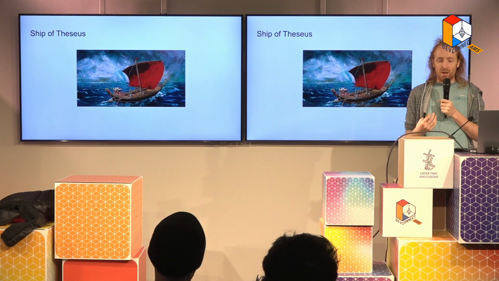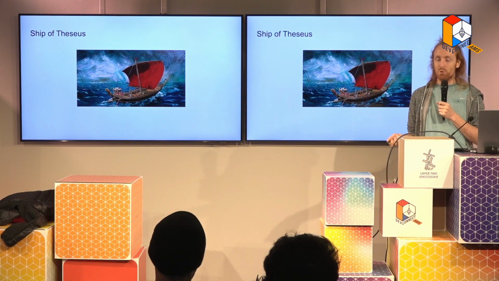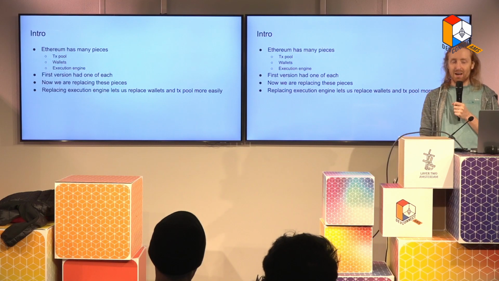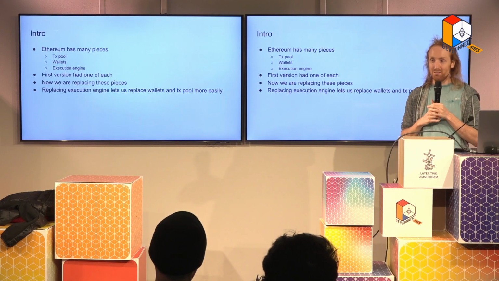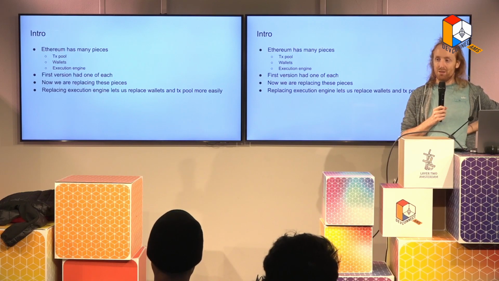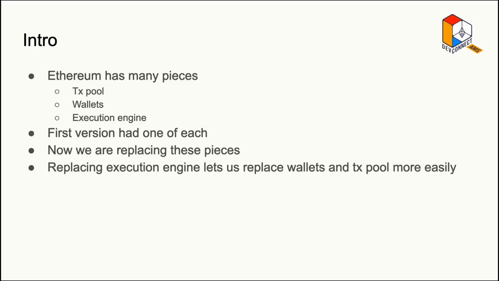Because when we're moving to layer 2, we're starting to replace and improve different components. Let's have a look at some examples of these pieces being changed. For example, the TX pool is being changed. Right now we have a transaction pool that's managed by the miners, and because of this, it is optimized so that the miners have to do the minimum amount of work.